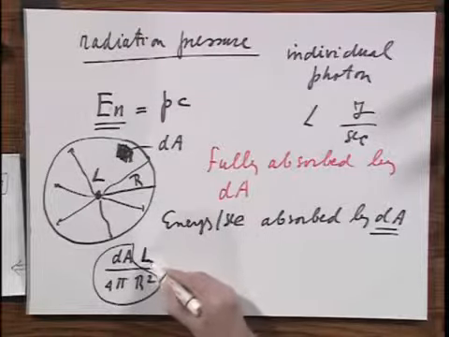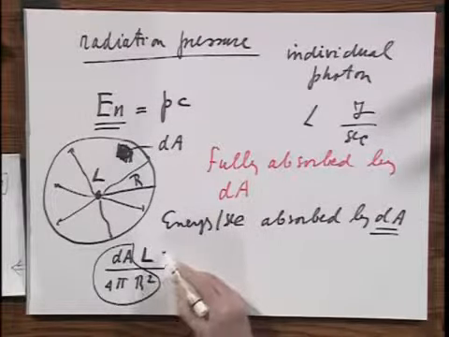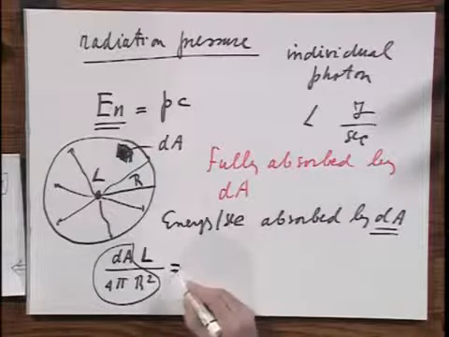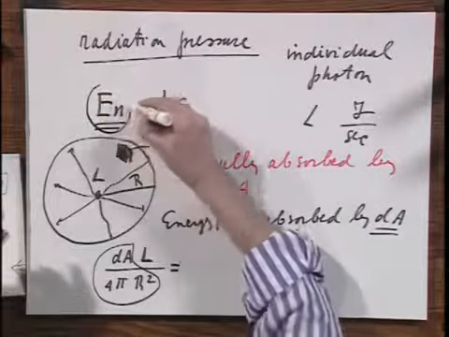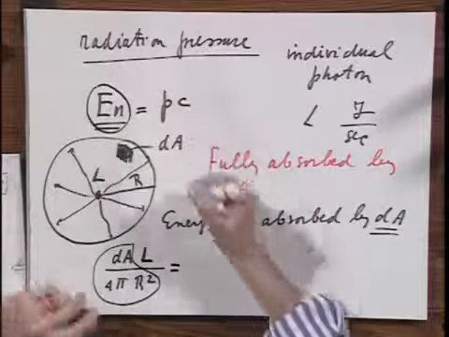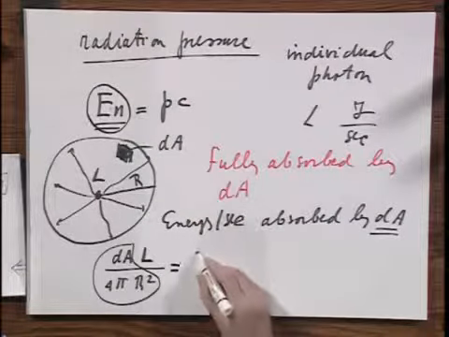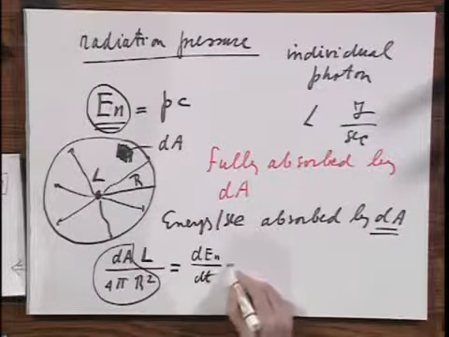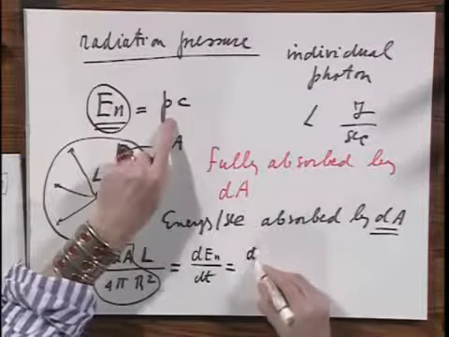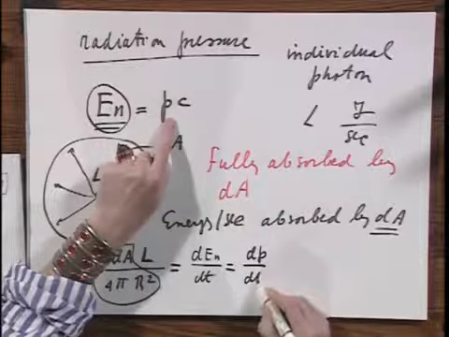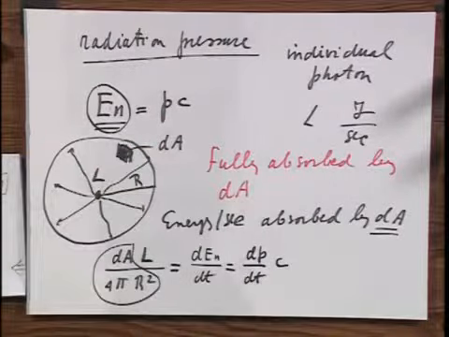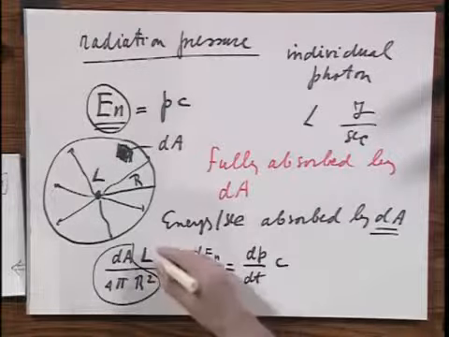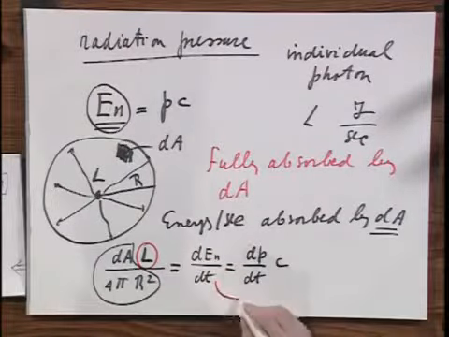And L is the number of joules per second. So this is the energy that flows out of here. That, of course, energy per unit time, is the derivative of this quantity. So you can also write down that it is dE_n/dt, but that, according to Einstein's equation, equals dp/dt times c.